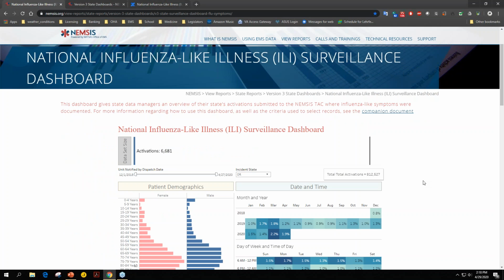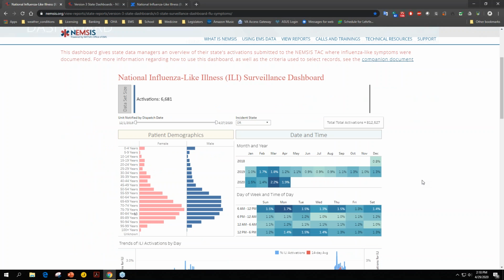The reason it's lumped together is that, for the most part, it's impossible at any single point in time to distinguish exactly what respiratory pathogen you're dealing with. But from other data, we know from testing data in ORELS, which is our infectious disease lab reporting system, how many flu swabs are coming back positive versus how many COVID swabs are coming back positive, and we can correlate that to this data.